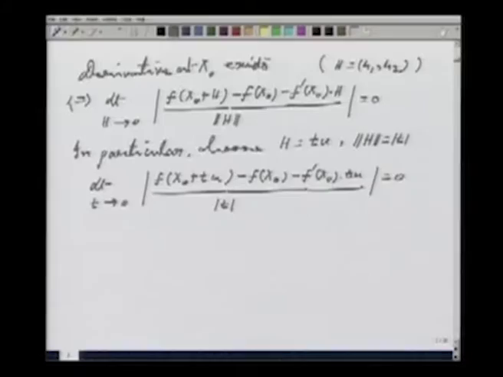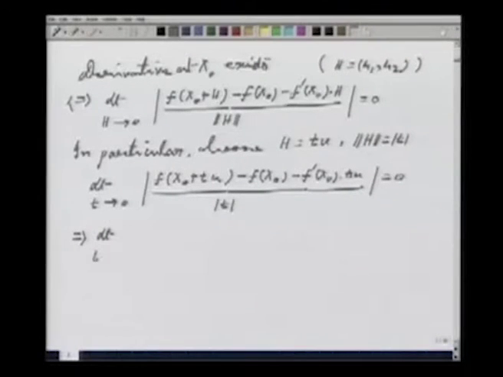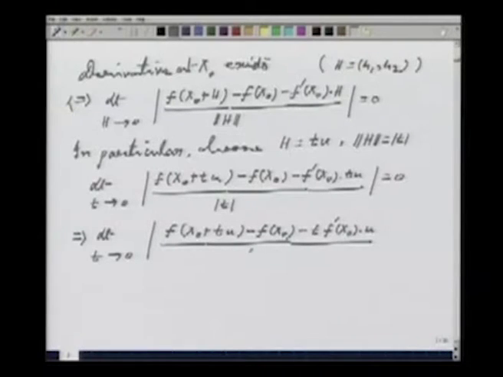In the previous limit I have put h equal to tu, but this then implies that the limit, t going to 0, since I have the modulus, of f of x naught plus tu minus f of x naught minus t times f prime x naught dot u, because t is a number, divided by t, is equal to 0.